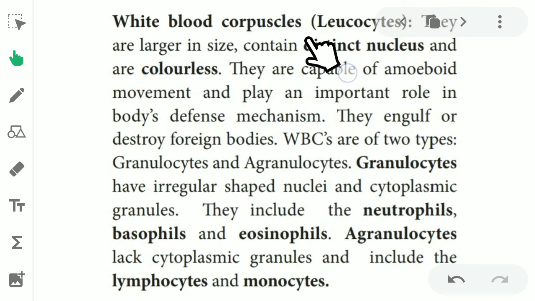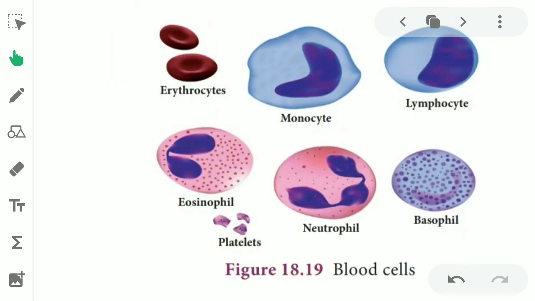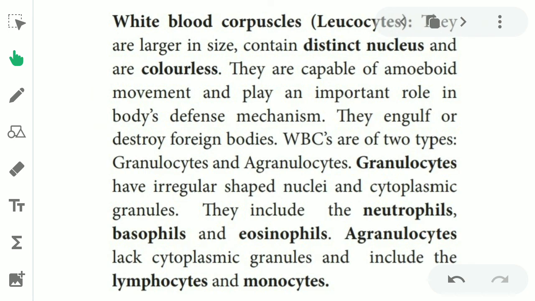White blood cells, leukocytes, are larger in size, contain a distinct nucleus and are colorless. They are capable of amoeboid movement, with changing shape. The WBCs engulf and destroy foreign particles. This is a body defense mechanism.